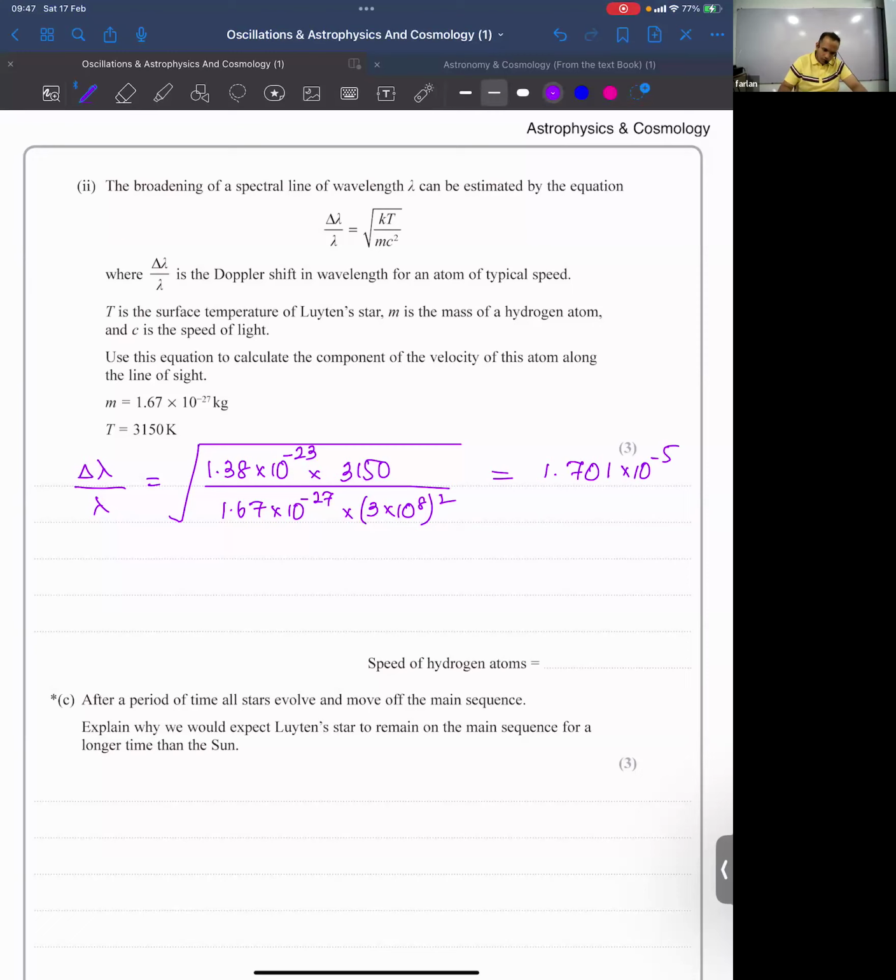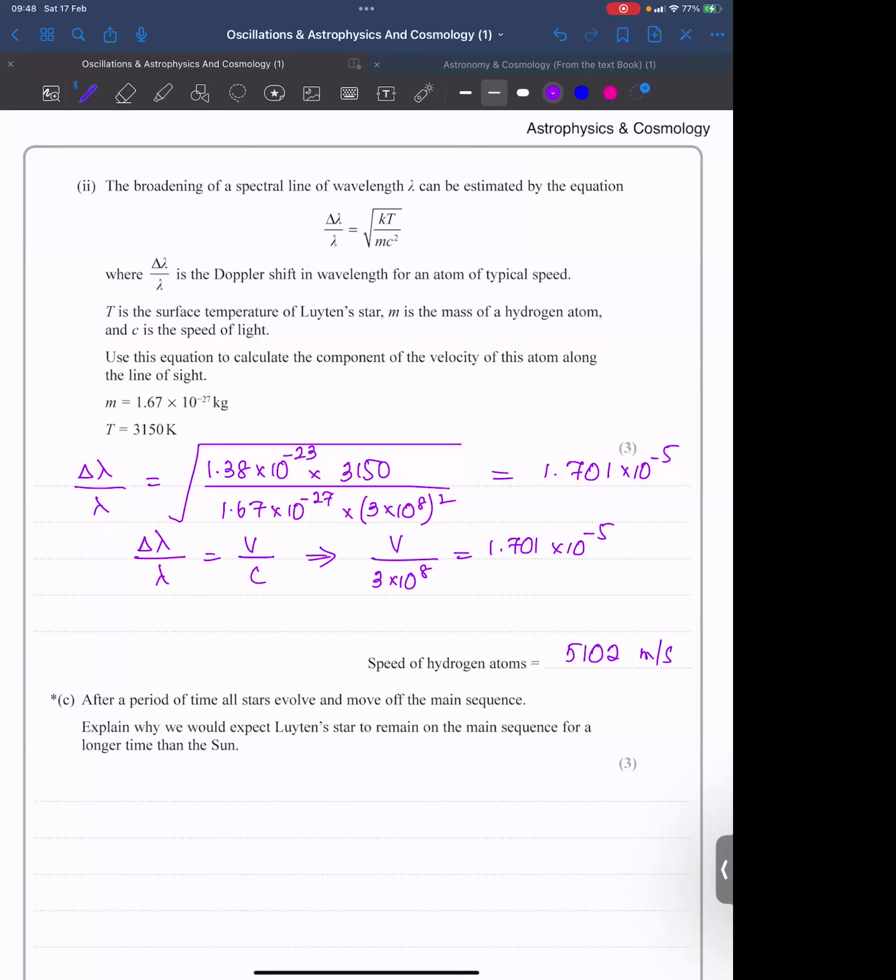Then we can use delta lambda over lambda is equal to V over C. So V over C, where C is 3 into 10 to the power 8, equals that delta lambda over lambda. I'm getting 5,102 meters per second.